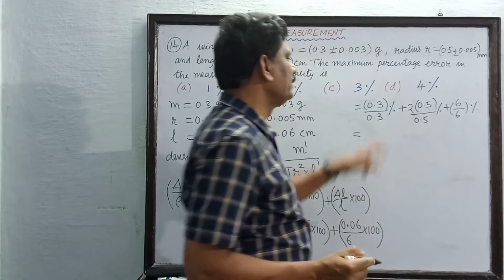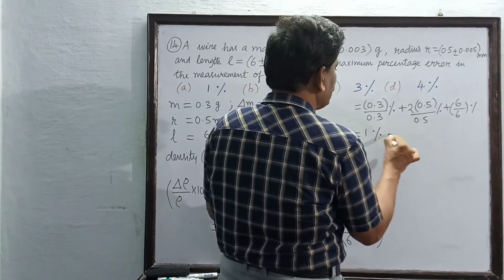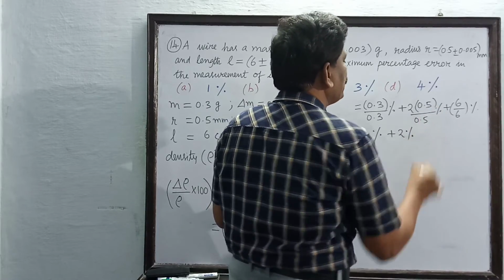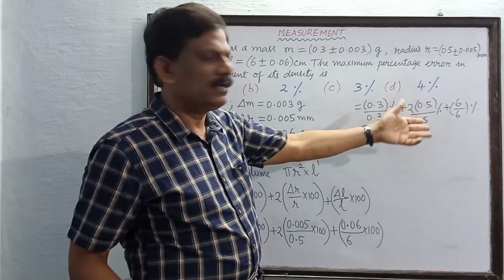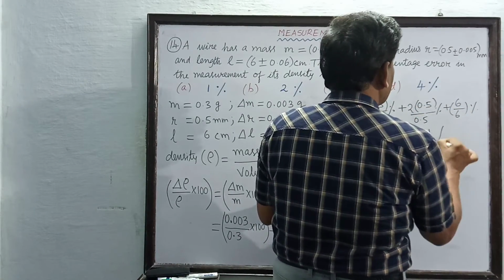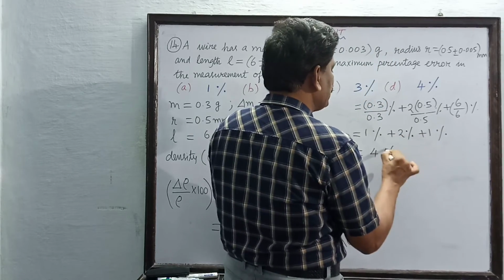So 0.3 by 0.3 is 1%. So the first one is 1%. Plus 2 into 1% is 2%, since 0.5 by 0.5 is 1. Plus 6 by 6 is another 1%. So 1 plus 2 plus 1 is 4%.